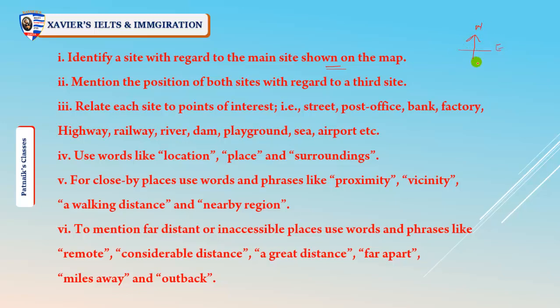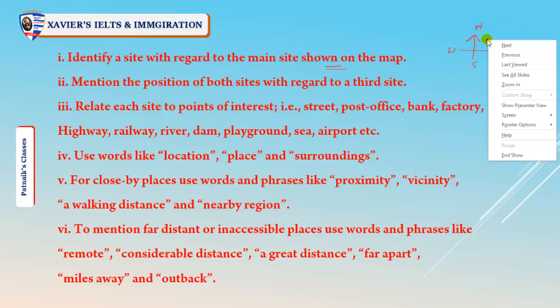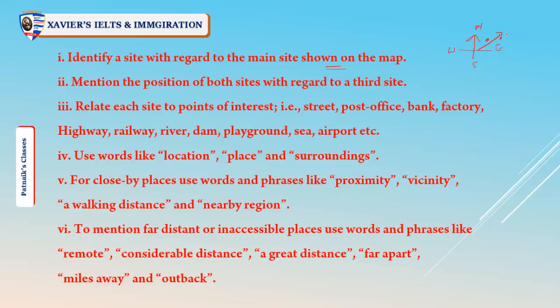So the areas in the map, or the main point of interest, you can represent by their direction, by their location also. To the east of the city, to the north of the city. Suppose a particular type of building is placed at this point, you can represent it as northeast of the city, or southwest of the city. This way you can represent southeast of the city, and then northwest of the city.